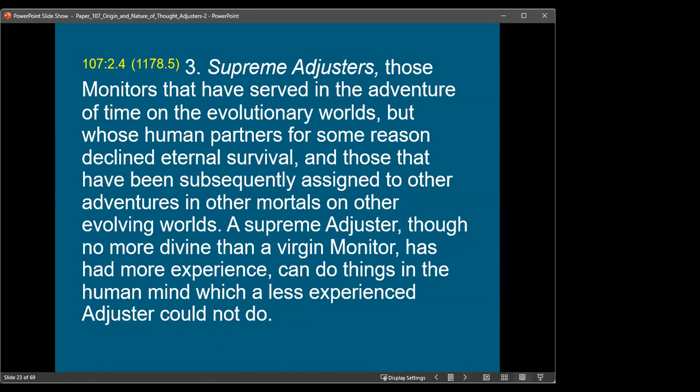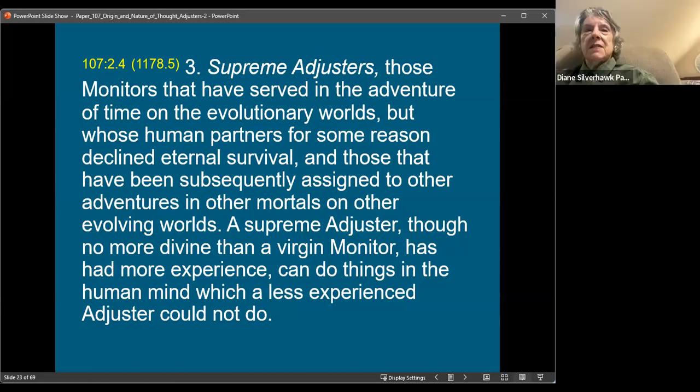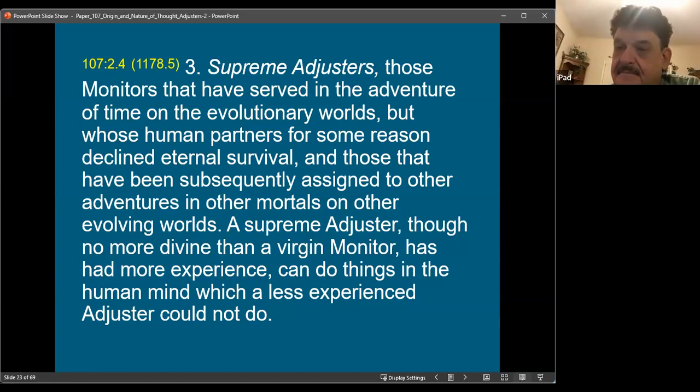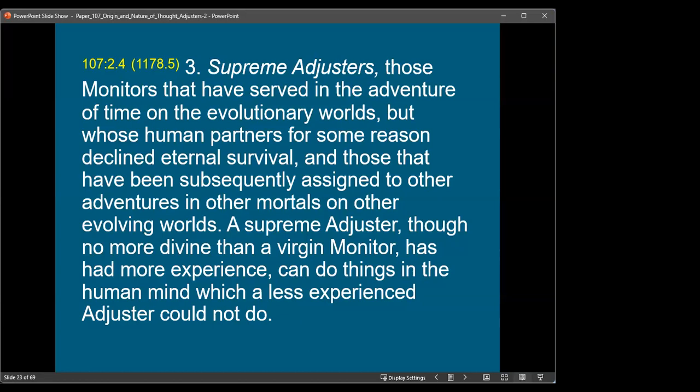Number 3, Supreme Adjusters: those monitors that have served in the adventure of time on the evolutionary worlds, but whose human partners, for some reason, declined eternal survival, and that have been subsequently assigned to other adventures in other mortals on other evolving worlds.